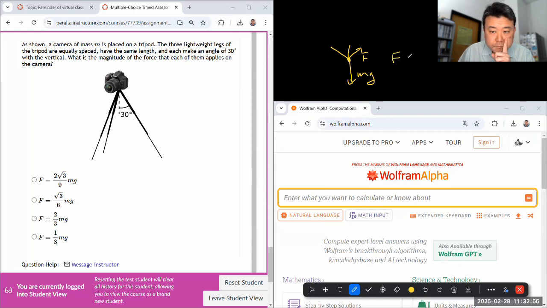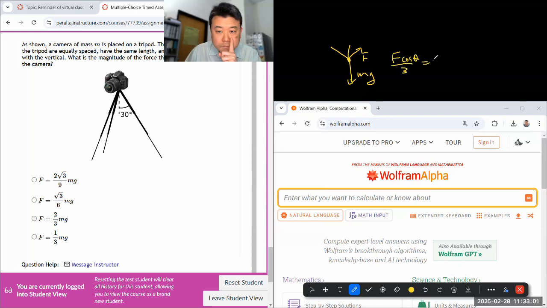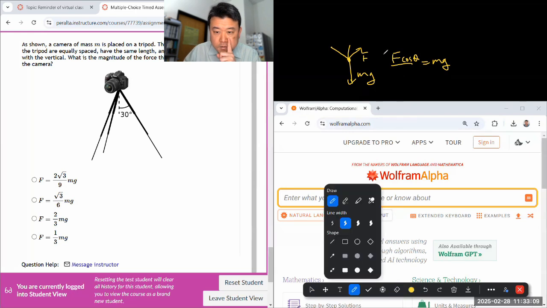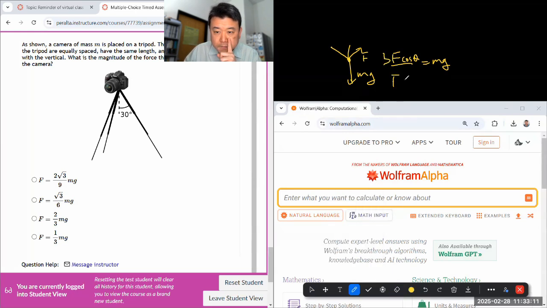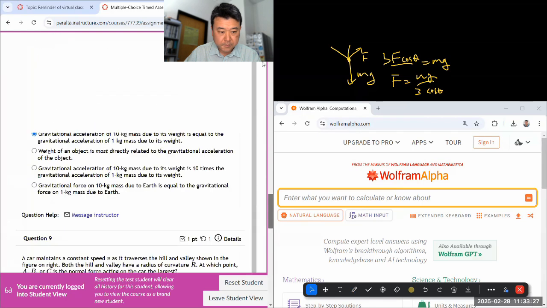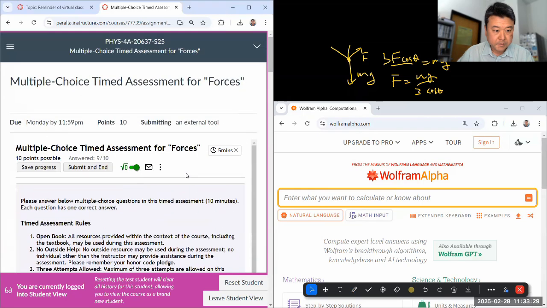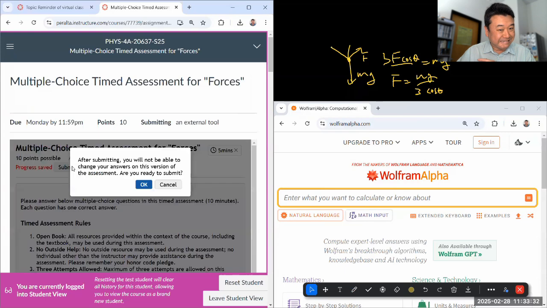No. It's 3 times F cosine theta equals mg. So F is mg over 3 cos theta. Cos theta is root 3 over 2, so it should be 2 over, I think. Yeah, all right. I don't want to lose on time. Yeah, all right. So let me save progress.